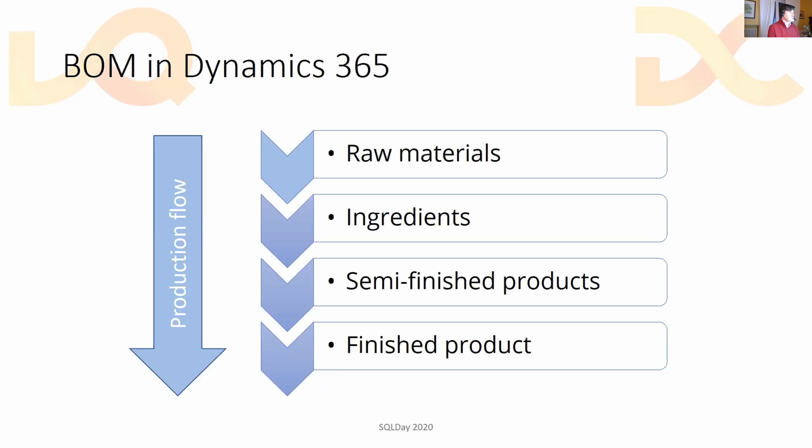And some of our customers are asking us to recreate a BOM. So starting usually from a finished product, they want to know the list of all the ingredients that make up this finished product. In Dynamics, we have semi-finished products, we have mixtures, we have ingredients, and we have raw materials.